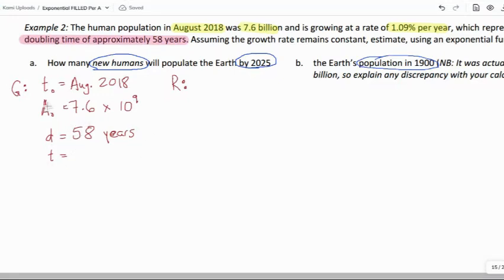Talk to the people next to you. Is that right? Do we agree? Just subtract the time? Okay, good. So I've got 7 years that's elapsed. Are we good?